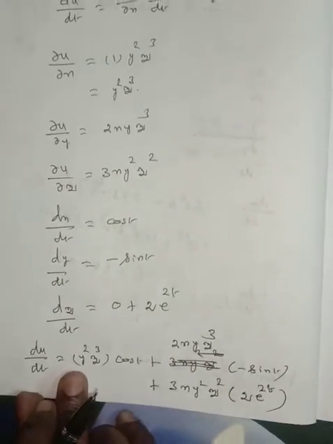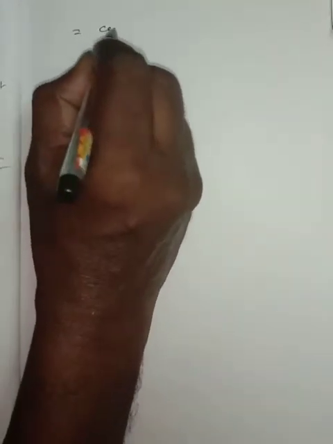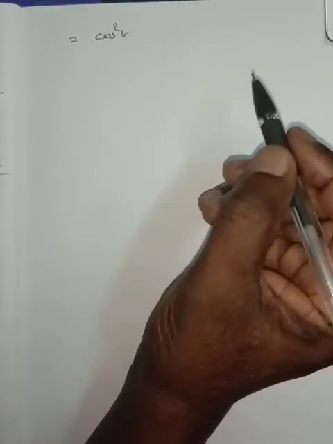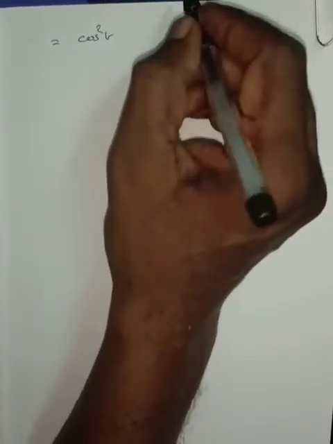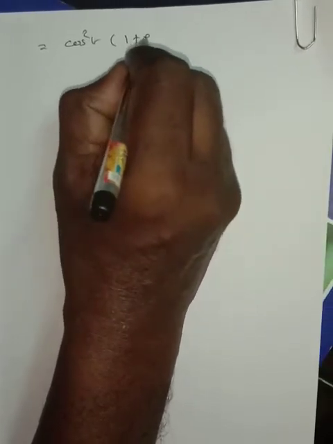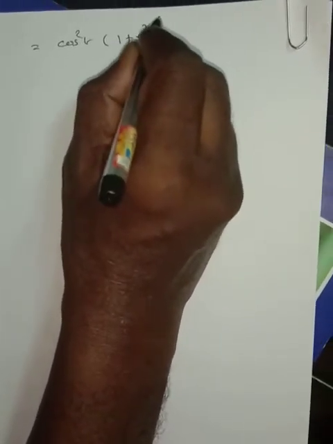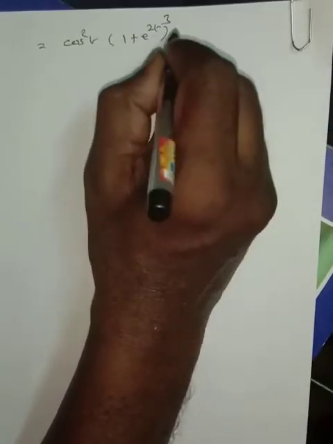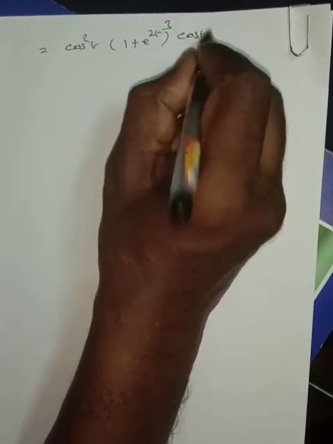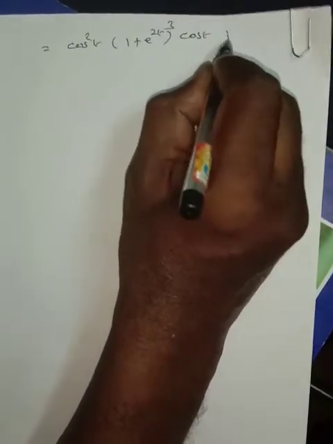Substitute. First, y² is cos² t, z³ means (1 + e^(2t)) whole to the power of 3, into cos t, into cos t. First part is over.